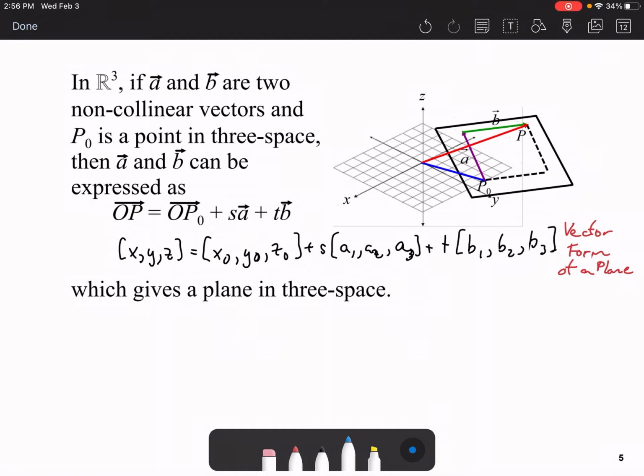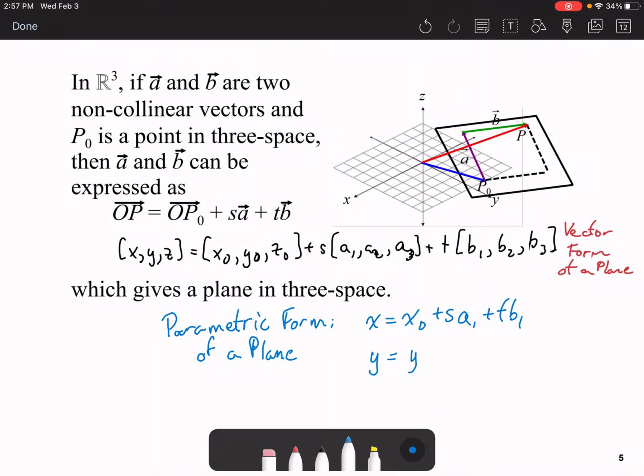And you can also create parametric forms of a plane, just by separating the x, y, and z components. So x would be equal to x sub 0 plus s times a1 plus t times b1.